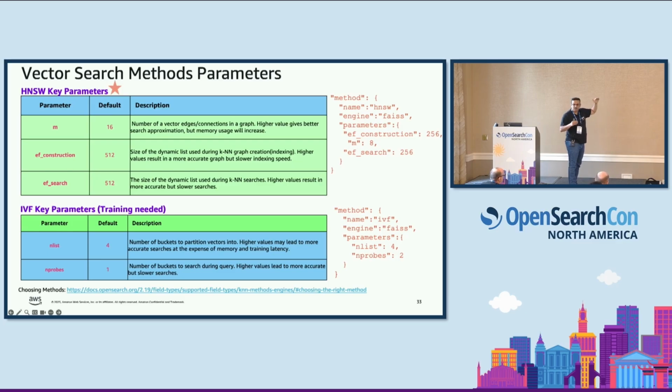A higher value gives more accuracy and a better search approximation. However, it will be slower and needs more memory and resources. So finding a sweet spot value for these three is key to getting performance and memory usage optimization. Similarly, IVF has two parameters, nlist and nprobes. Again, the same principle: the higher the value, the better the recall, but performance and resource usage will be affected.